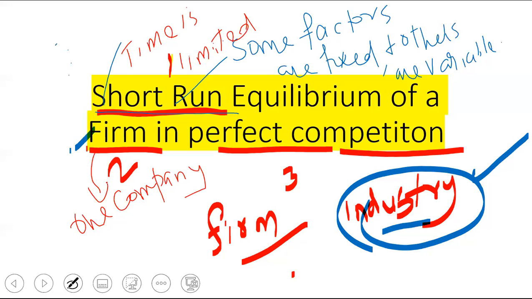What about industry? Industry means group of companies. That is the meaning. I hope you have taken down this. I will give you the example.